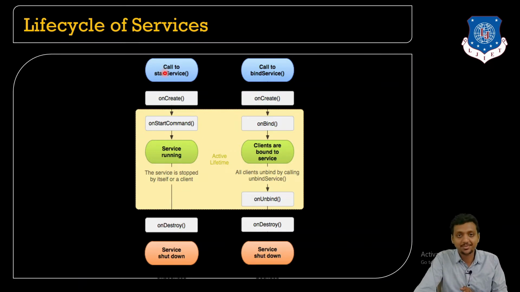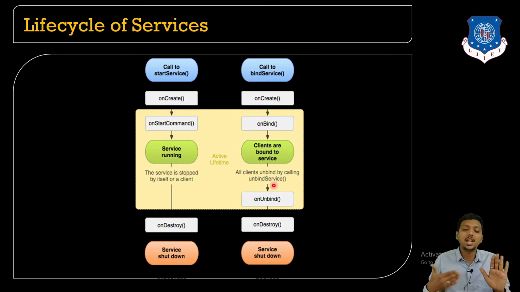But now what happens if you try to bind any component over there? For that you just need to call a method which is known as bind service. It starts with the onCreate method, then it calls the onBind method. Now clients are bounded to the service.